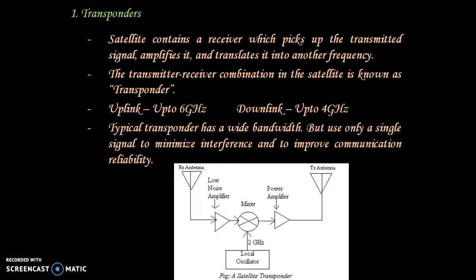The amplified signal is then down converted, that is, its frequency is changed from 6 GHz to 4 GHz by mixing with a 2 GHz signal from the local oscillator. This 4 GHz signal is again amplified by a high power amplifier and connected to the transmitting antenna of the satellite.